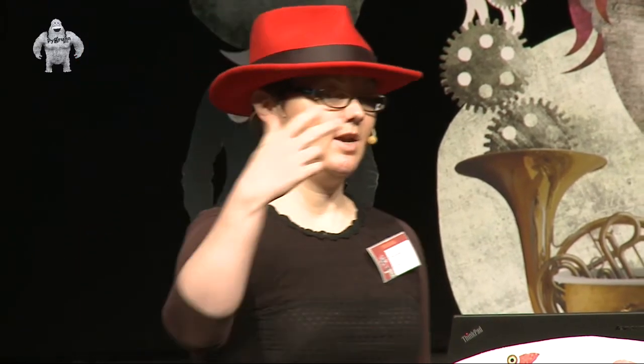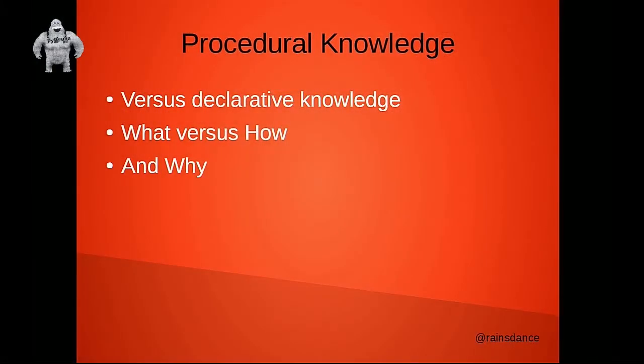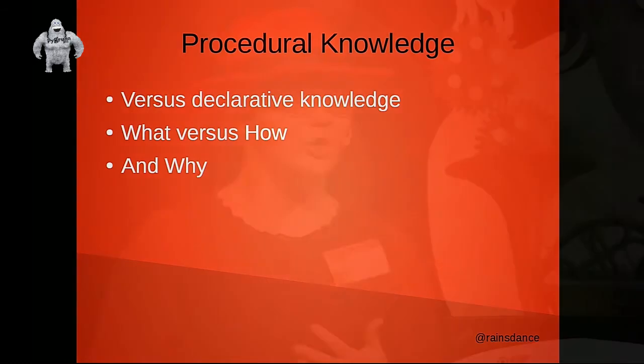Procedural knowledge is how to ride the bike, how to prepare for a marathon, and how to learn a new language. It's the how versus the what. You may know the importance of having the perfect stroke in swimming, and you know that you're supposed to be coordinated, but you may completely drown when you get into the pool. So that's procedural versus declarative.